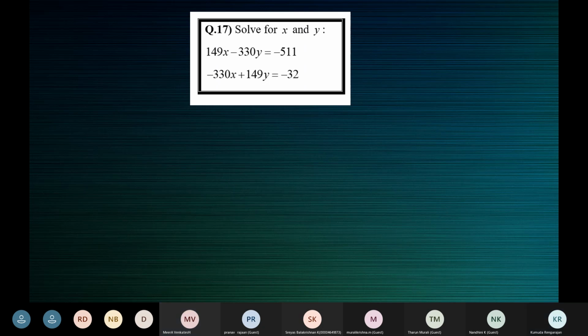You should use the special method. You need to solve for x and y using that special method. Good. I'll give you 10 minutes for this. If you're finished, take a picture of your answer and put it on WhatsApp for me now.